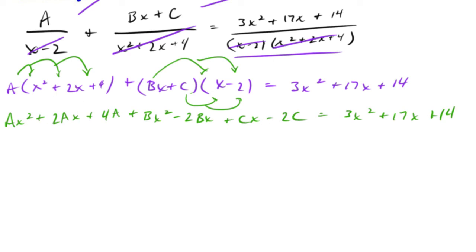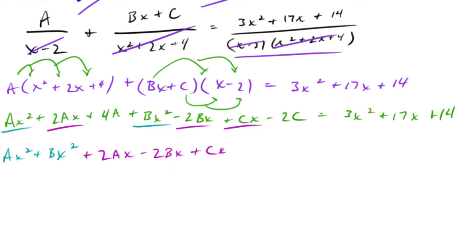Now you combine all your squared pieces, these two pieces. Combine all of your regular x's. And then combine all of your numbers by themselves. And then it equals the same thing it equaled earlier.